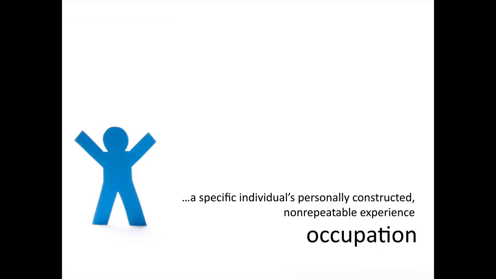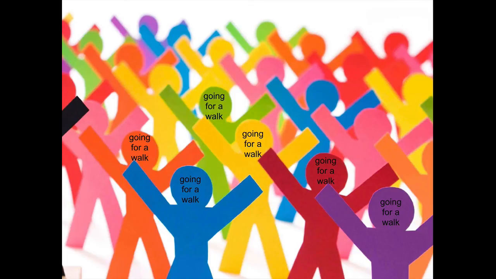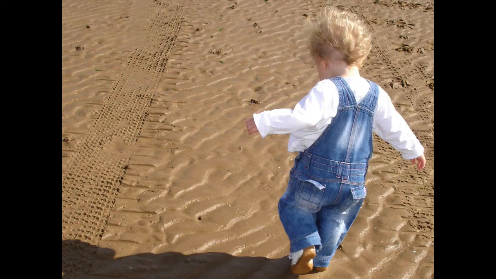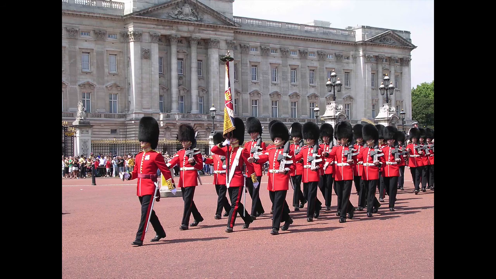So going for a walk, we all have a rough understanding of, but it could mean a whole range of things for different people. It could mean those two little people down on the right-hand side going for a walk in the English countryside. It could mean going for a walk on the beach with your young child or niece or nephew. And although a bit of a stretch, it could even mean this for these soldiers.